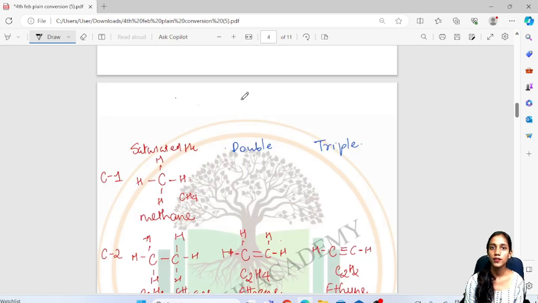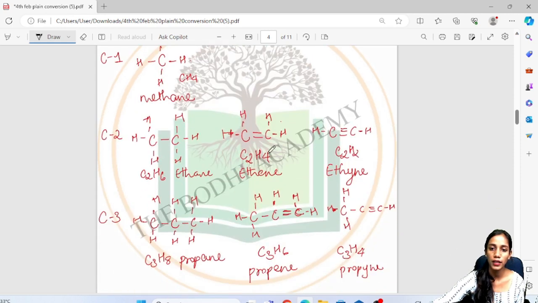Okay, so there is a standard formula for writing the formula of the respective hydrocarbons, and for a double bond it is CnH2n. Okay, for a triple bond we can see that the number is reducing. H4 is reducing to H2, H6 is reducing to H4.